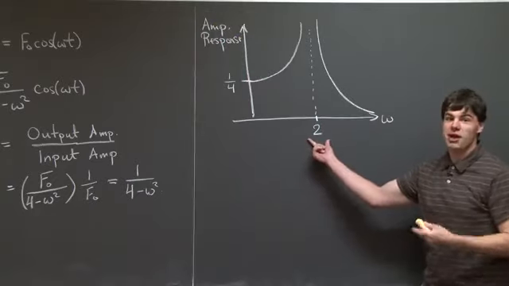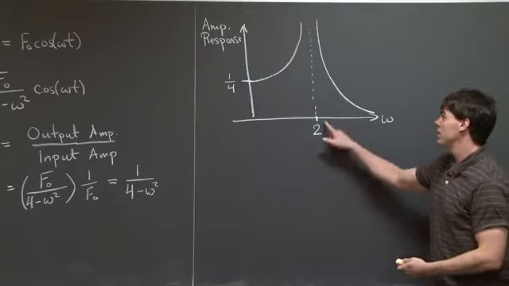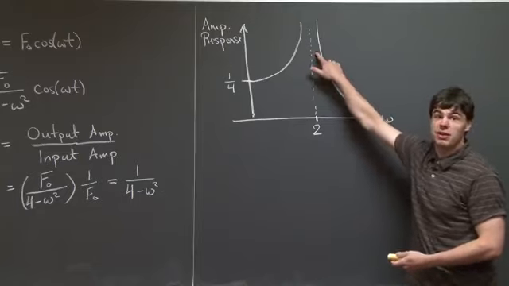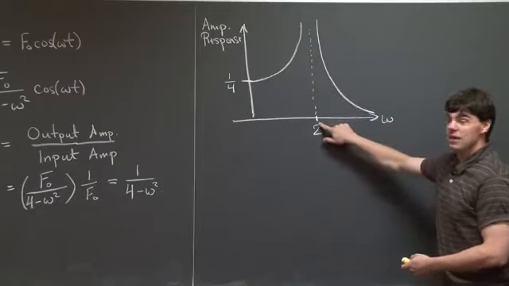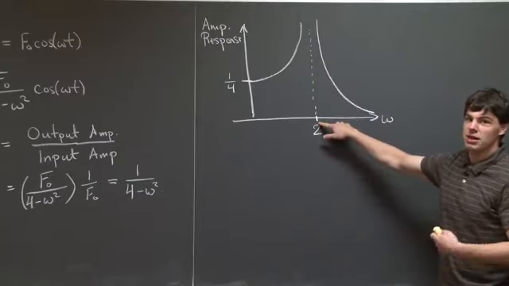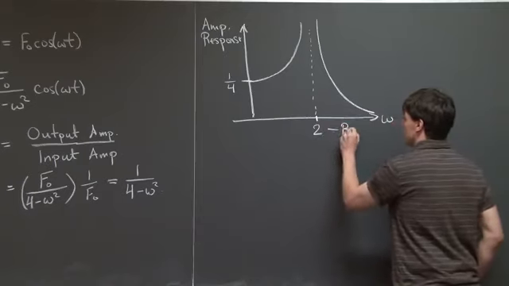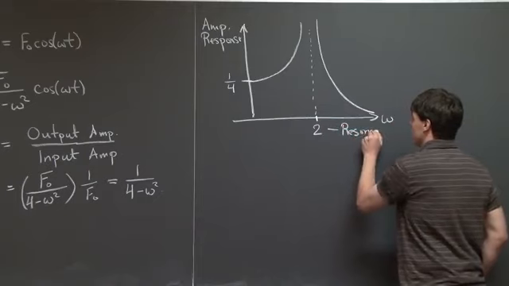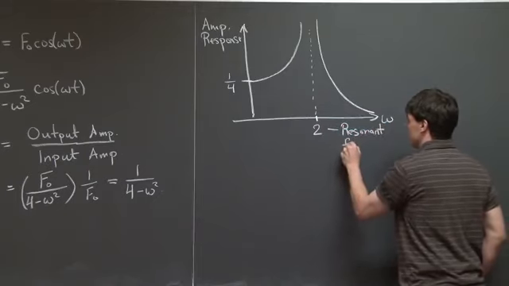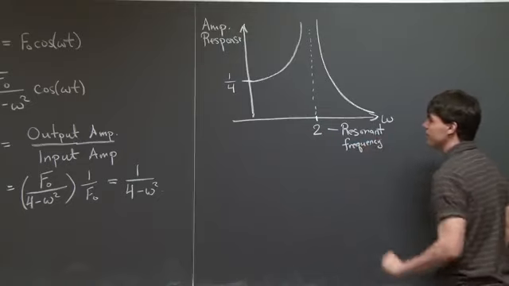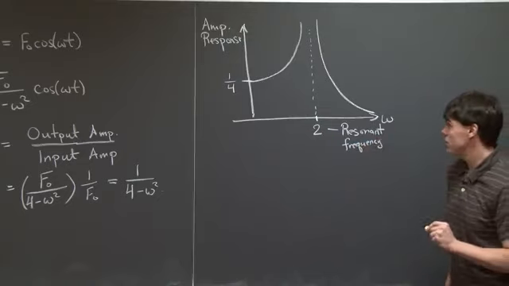So notice how when we drive the system with frequency 2, the amplitude response goes to infinity. As a result, we call this frequency the resonant frequency. Okay, so this concludes part A.